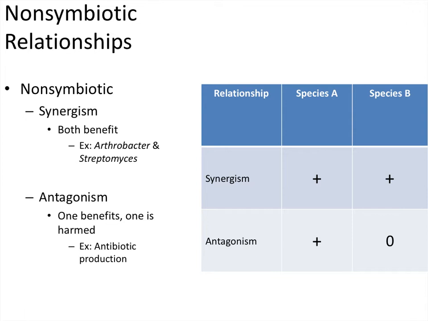However, an interesting thing happens when you put Arthobacter and Streptomyces near each other in the soil. When they are together in the soil, each of them produces half of an enzyme that they are able to secrete from their cells, and when it's in the soil, those two halves of the enzyme actually join to make a whole enzyme.